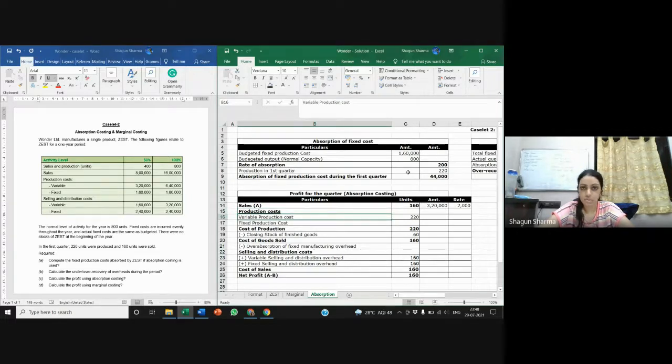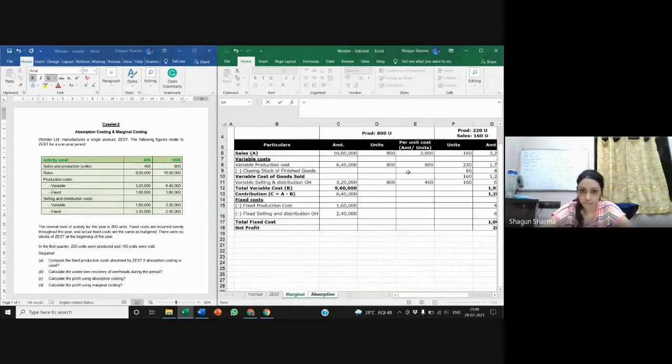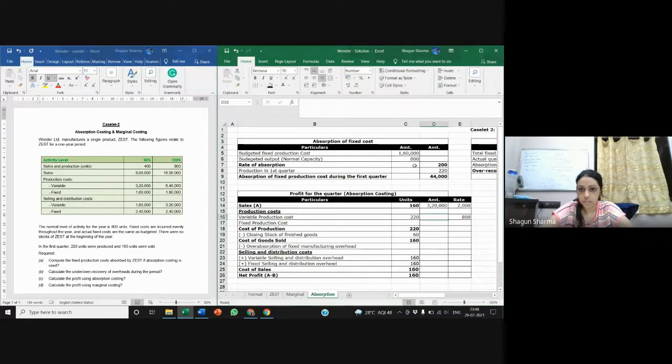Variable production costs remain the same. So that is 220 units, and my rate, I'll just take it from my marginal rate, which was 800. My amount becomes the number of units into this rate, so it is 1,76,000. Now the trick arises in this line item.